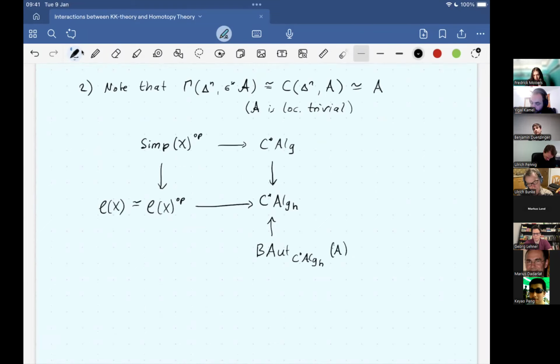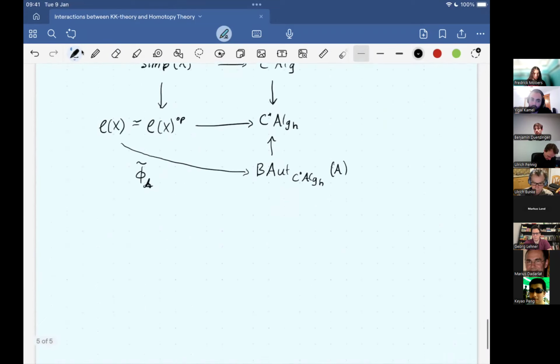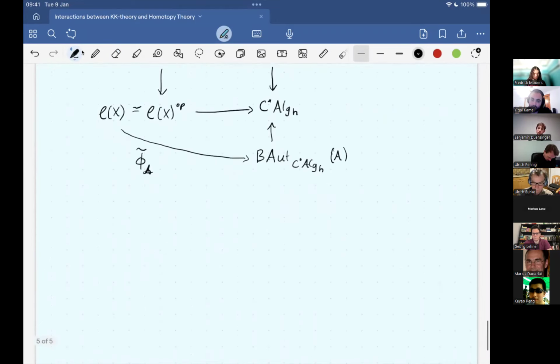So this is the associated local system now. And now I can make sense of my bundle of spectra.